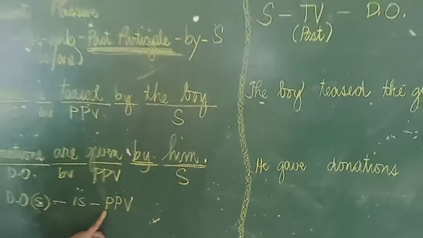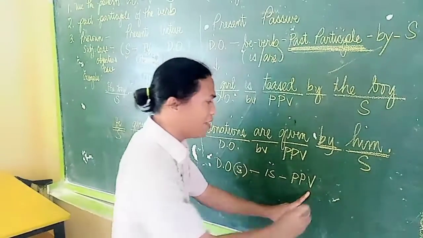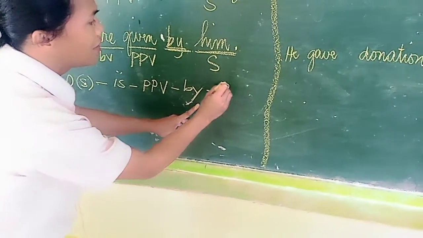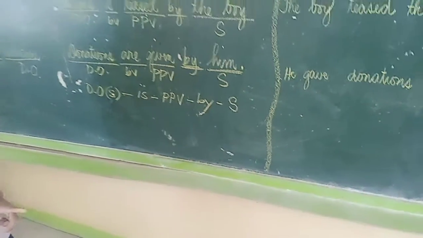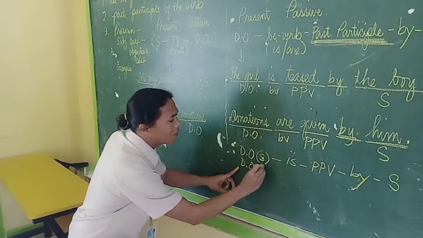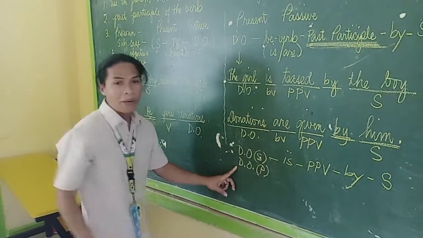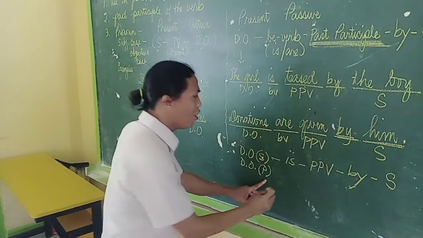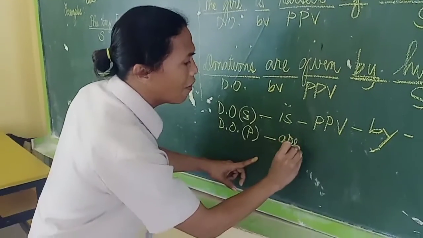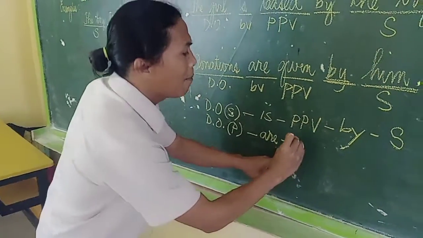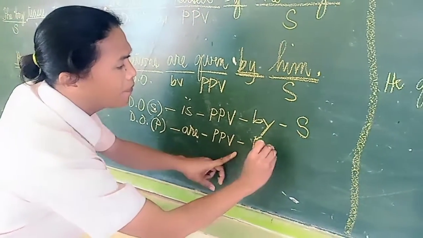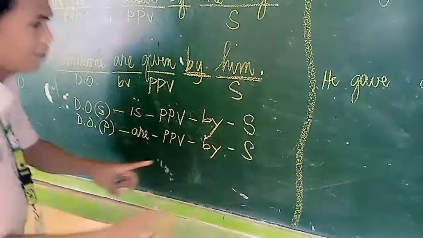And then the by. And then we have the subject. If our direct object is plural, of course the be verb present should be are. And then past participle of the verb, then by, and then our subject.